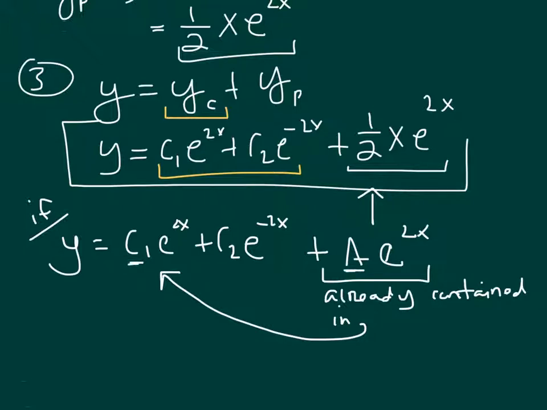So we're not adding anything new to the table here. So that's why we can't use this one. It doesn't add anything new, but if we multiply by a factor of x, then this does not live in this. So that's the reason why. So again, we want to add something new, not something that's already there.